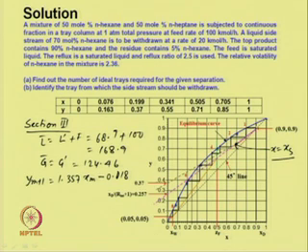Then we know the feed condition, which is 50% equimolar, and we plot the q line. This is the q line, and we have the operating line for the stripping section, which intercepts the q line at these locations.